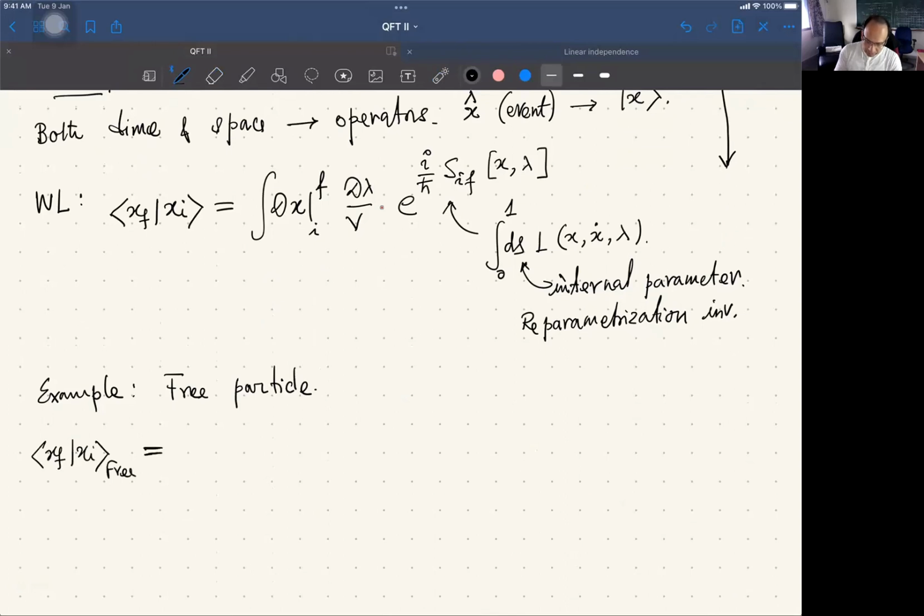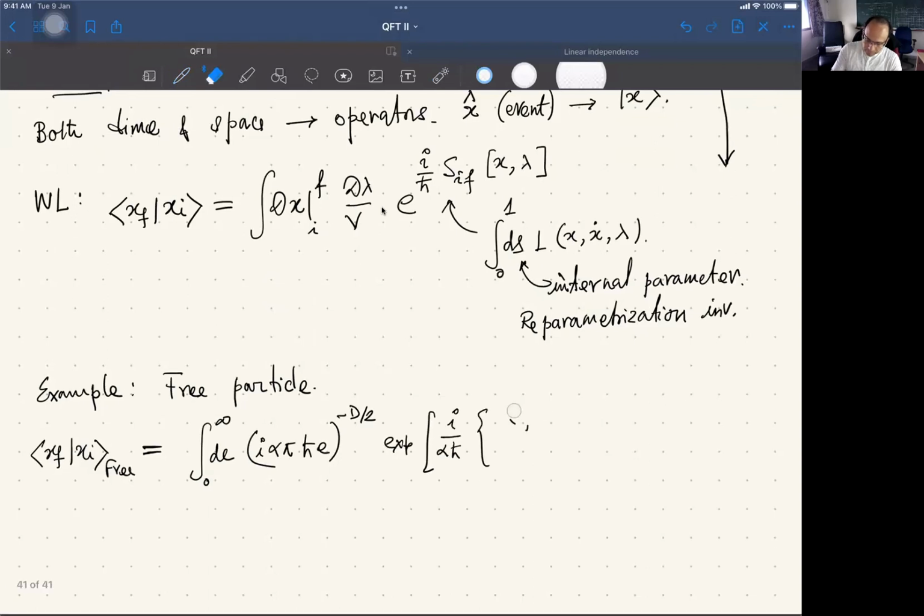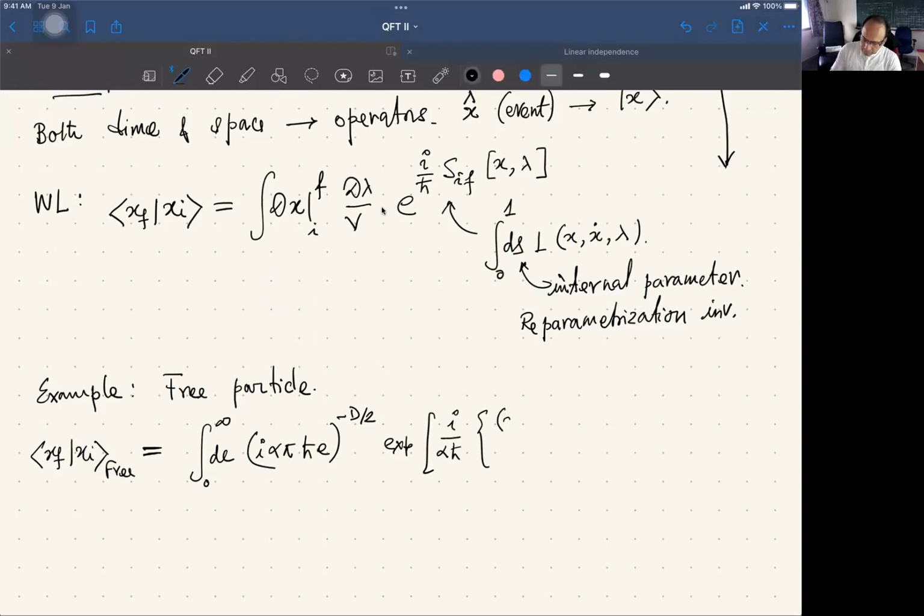We calculated it last time. It's given by dE from 0 to infinity, (i alpha pi h bar e) whole to the power minus d by 2 times exponential i over alpha h bar (x_f minus x_i) whole square over e minus e mu square.